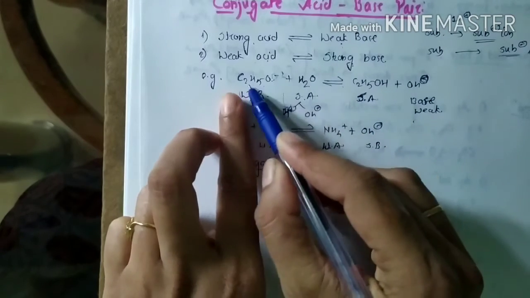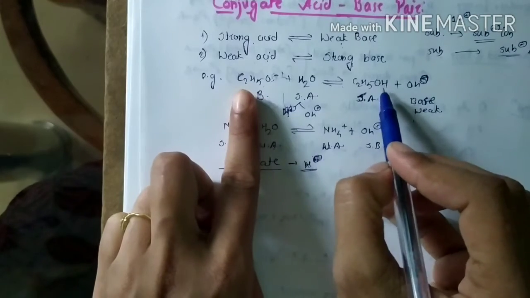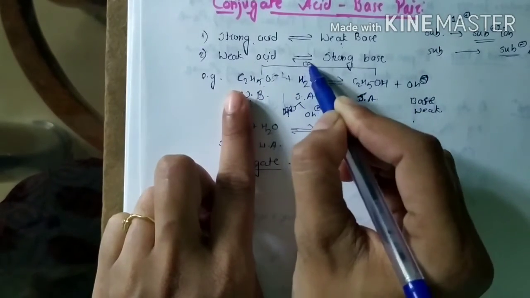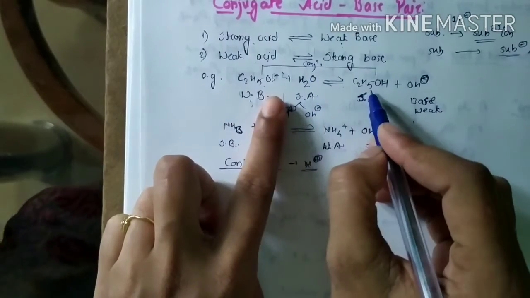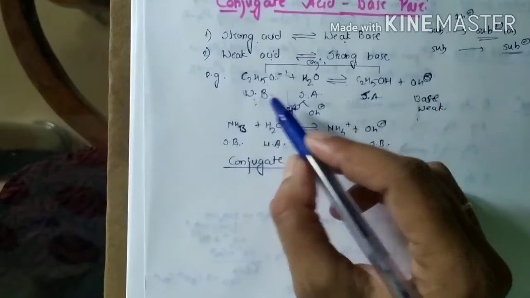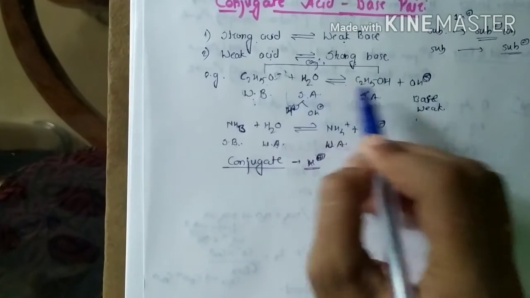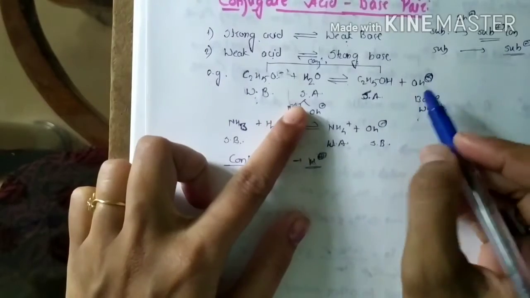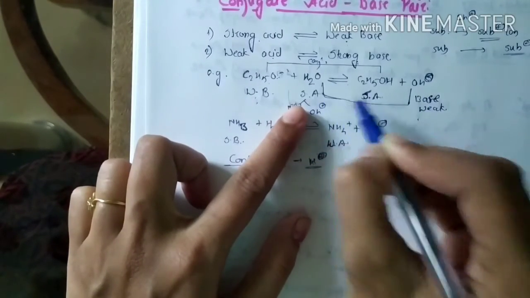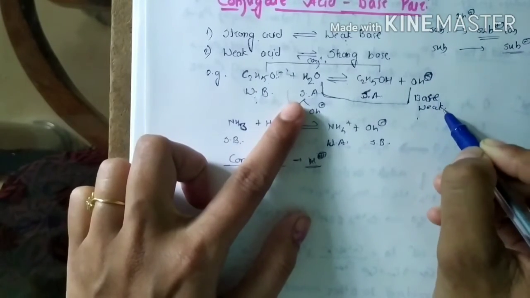Here C2H5O minus and C2H5OH differ by only one proton, and we call them conjugates of each other. C2H5O minus acts as a weak base and C2H5OH acts as a strong acid. Similarly, H2O and OH minus ion also differ by only one proton, so these two are conjugates of each other, and H2O acts as a strong acid, that's why it forms a weak base.